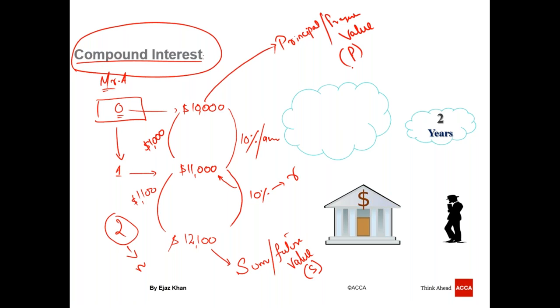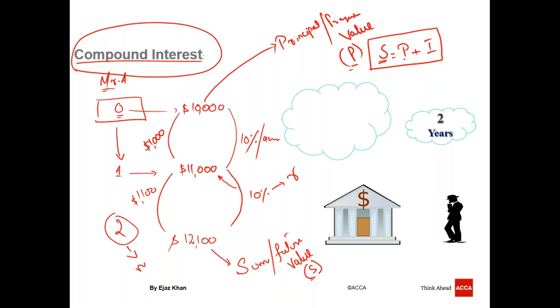So if we want to create a relationship between P and S, S will be equal to your principal and the amount of interest earned during the project's life. So whenever we are supposed to calculate the sum, it will mean that we have to include interest into the principal to get the sum.